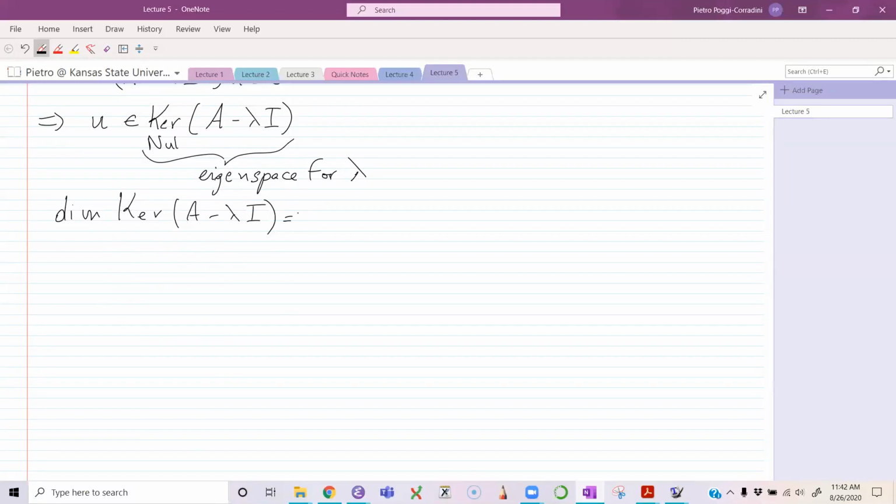It's the nullity, but for the eigenvalue, it's called the geometric multiplicity, right? So that's the geometric multiplicity of lambda, the dimension of the eigenspace.